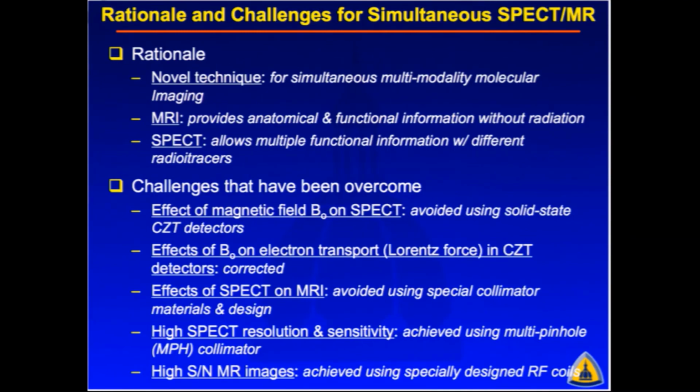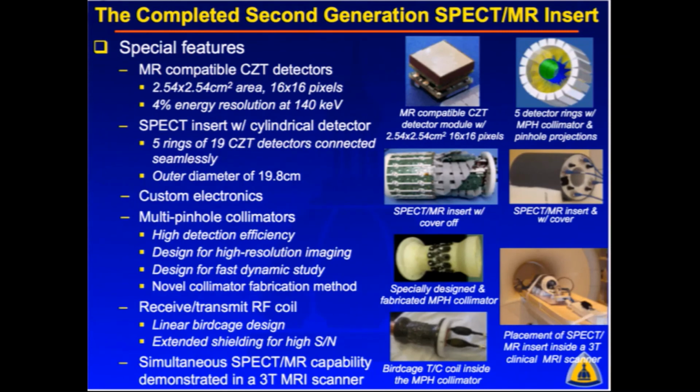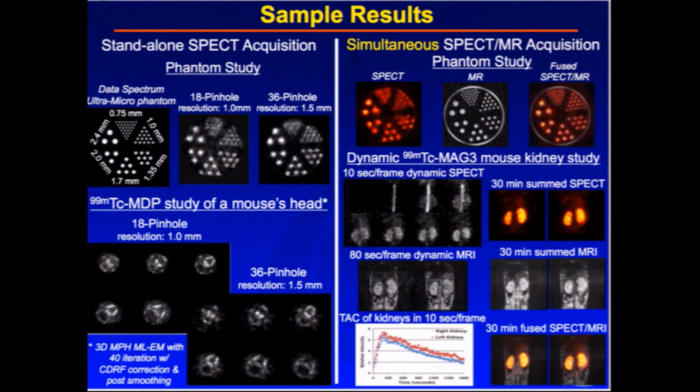Basically, again, some of the same issues as with the PET systems, but in addition, they had to come up with a collimator that was able to function in an MR system. You're going to hear more about this at this meeting, so I won't go over too much detail, but just showing some of the images here: the SPECT image, the MR image, and the fused image over here.